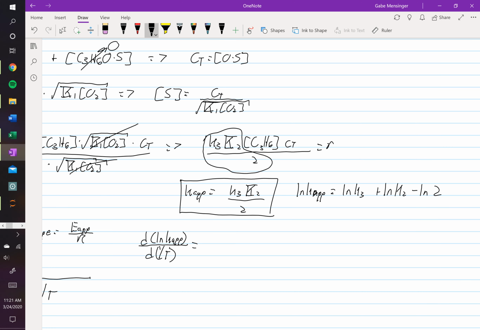And we take the derivative of these terms. 2 is a constant, so it's going to go to 0. So we will have d log of k3 over d of 1 over T, plus d log of capital K2 over d of 1 over T.